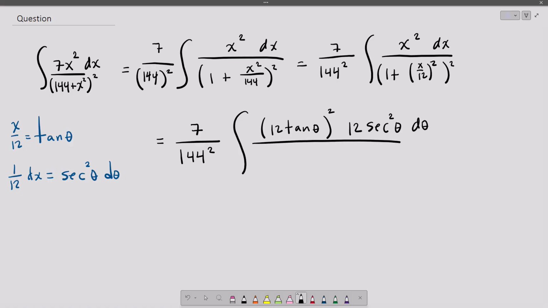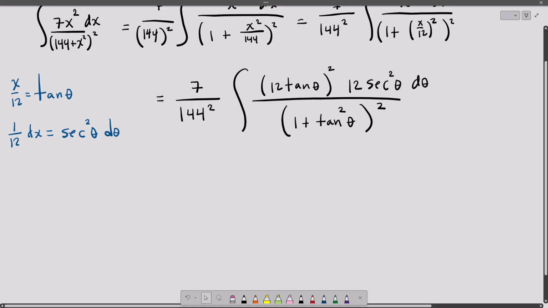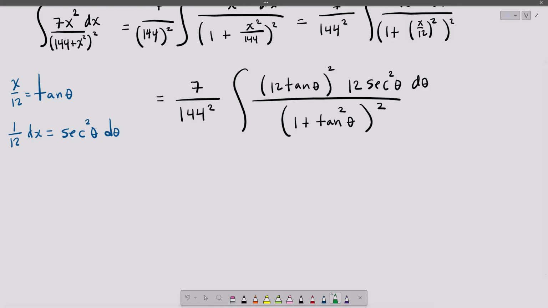This is 1 plus tan squared, quantity squared. This 12 squared right here is going to be a 144, which will cancel one of those.